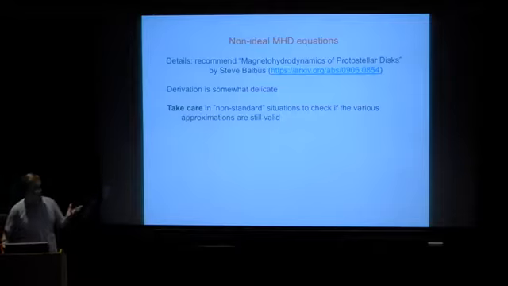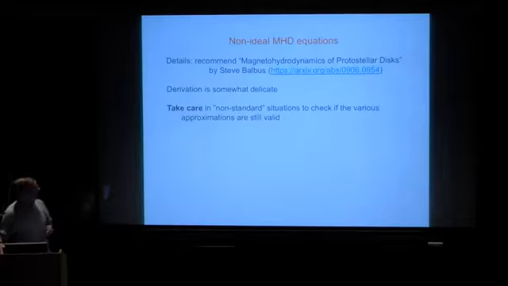It's one of these circumstances where the big picture of how this is done is fairly straightforward. I already mentioned that, and we'll say a little bit more about it. The actual details of the derivation, depending on how you look at it, are delicate or messy. It involves a number of approximations which have to be carefully justified at each step, and Steve goes through those in that review. So that's interesting if you want to see exactly how it's done.